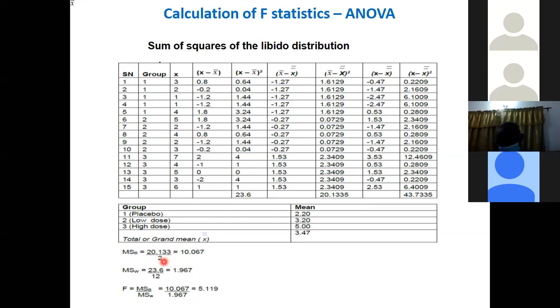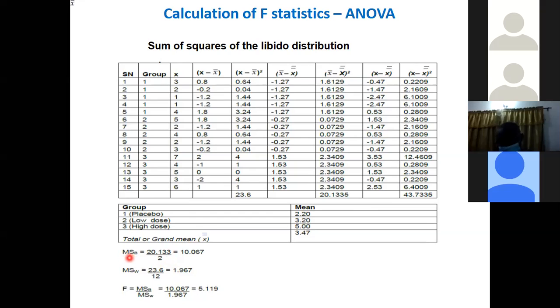What is the degree of freedom for between? Because there are three groups, 3 minus 1 will be 2. So the degree of freedom for between is the number of groups minus 1, J minus 1.